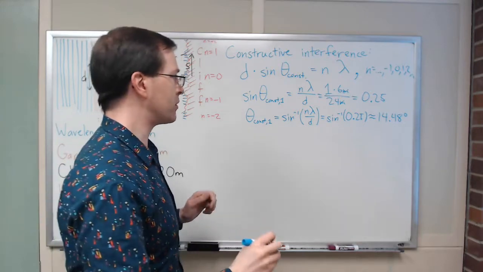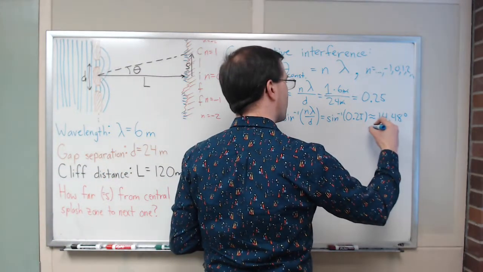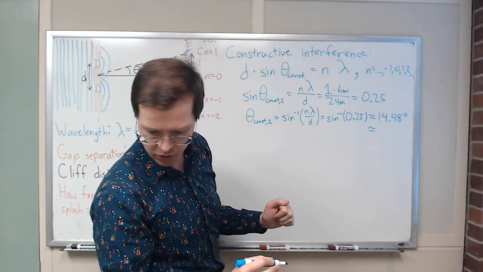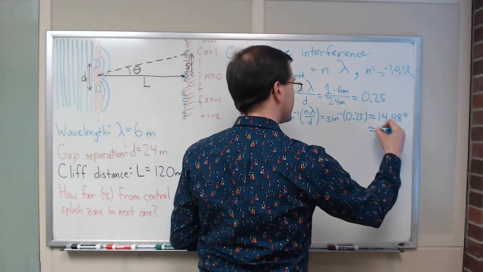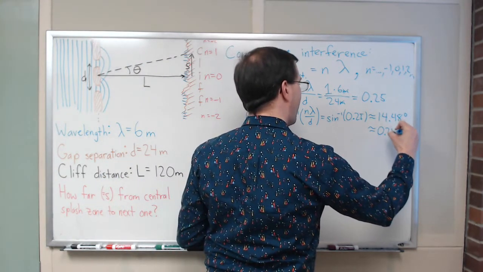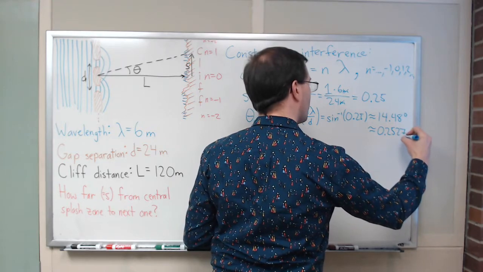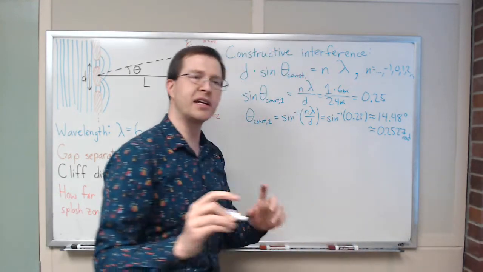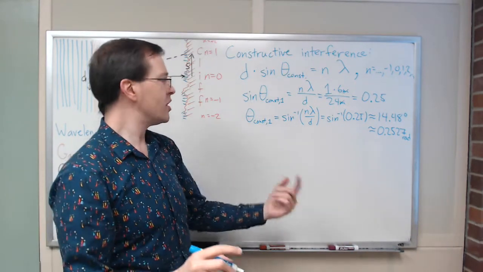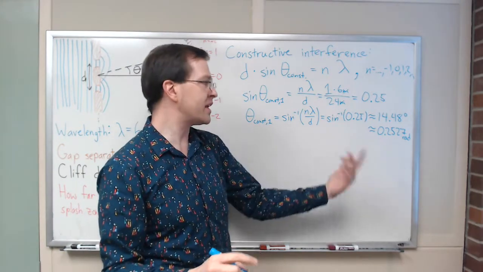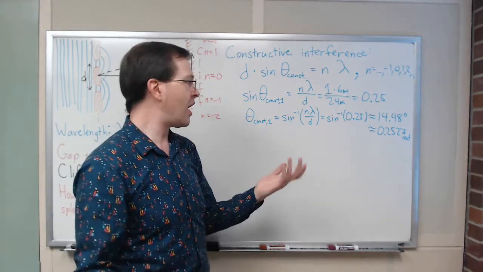Or, important point, I could also write this as about 0.2527 radians. Remember, 2 pi radians is a full circle, so 0.2527 radians is about a quarter of a radian.